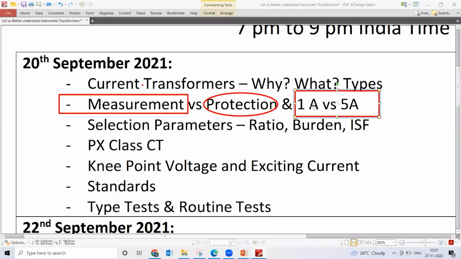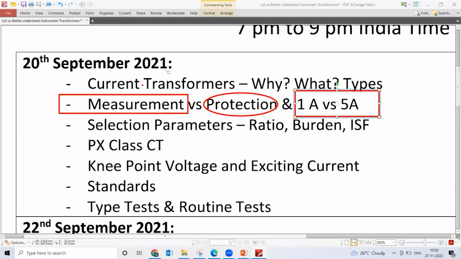One for less cost, Nimesh, that's not really true. As I told, if you have a 100 bar 1 amp CT and a 100 bar 5 amp CT, the size of the 100 bar 5 amp CT is smaller than the 100 bar 1 amp. If everything else remains the same, definitely the 1 amp CT will not be cheaper, Nimesh.